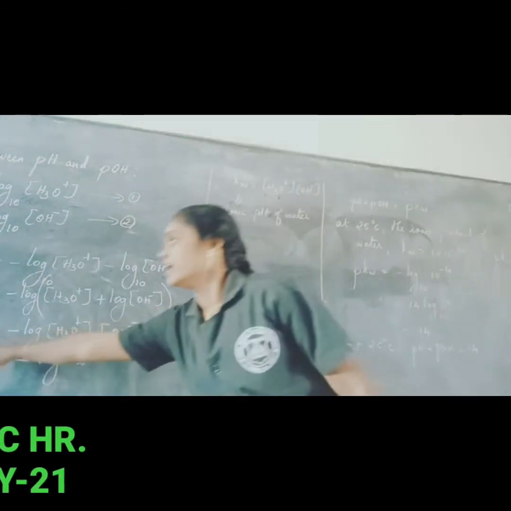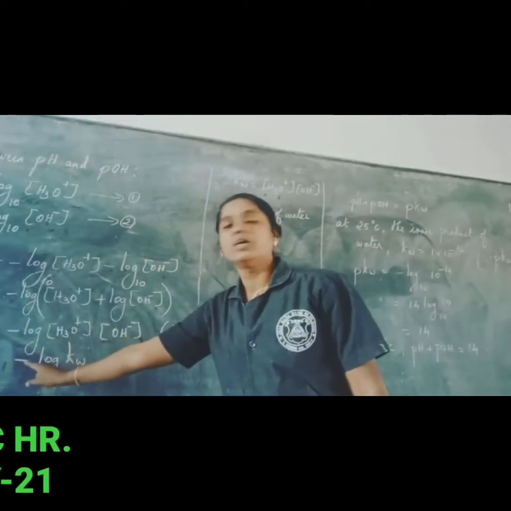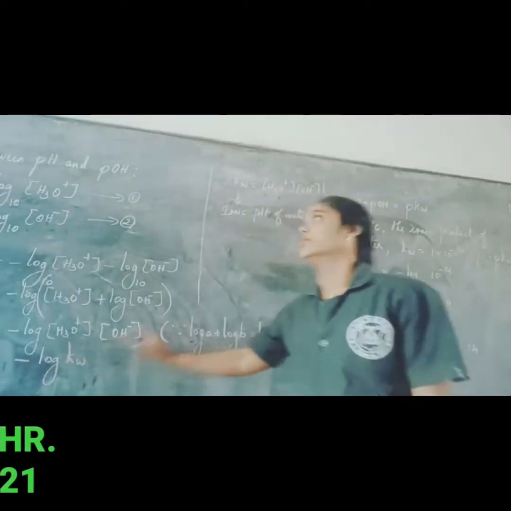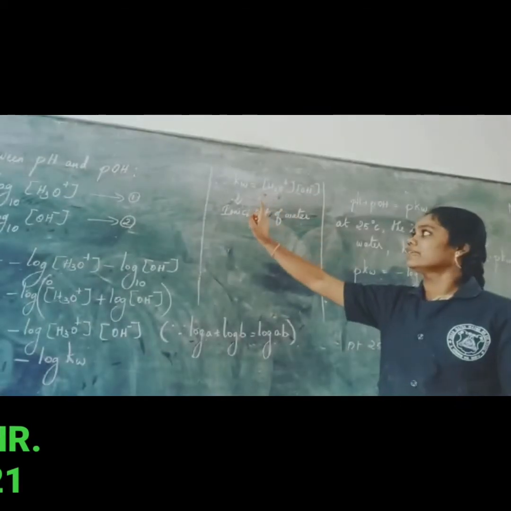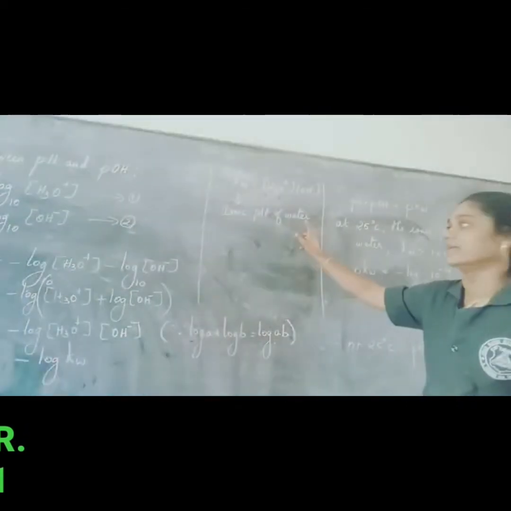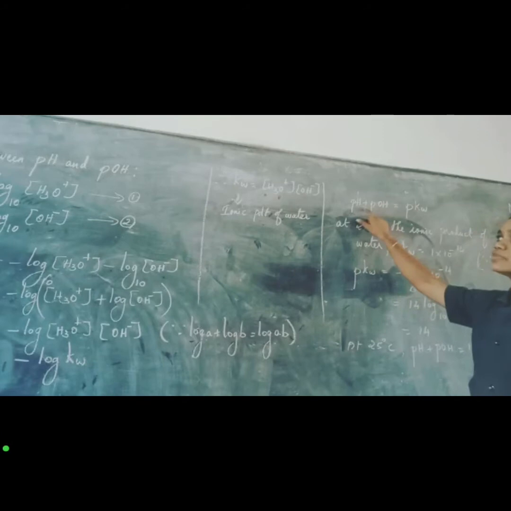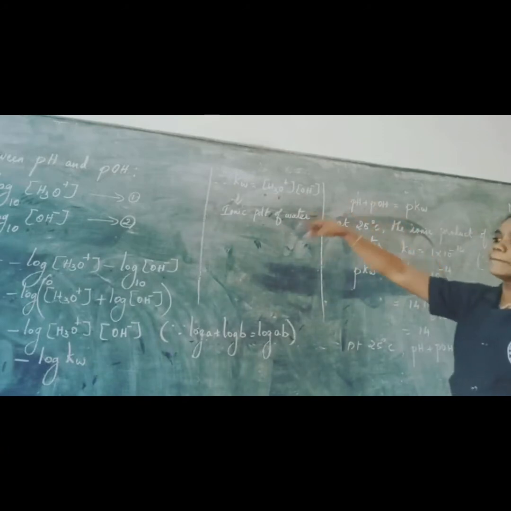Kw is the ionic product of water. After that, pH plus pOH is equal to pKw.